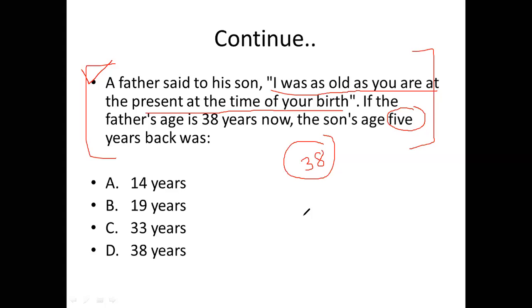The father said to his son, I was as old as you are at the present at the time of your birth. If the father's age is 38 years now, the son's age 5 years back was. What did you understand from this? The father's age is 38, and the son's age 5 years back.